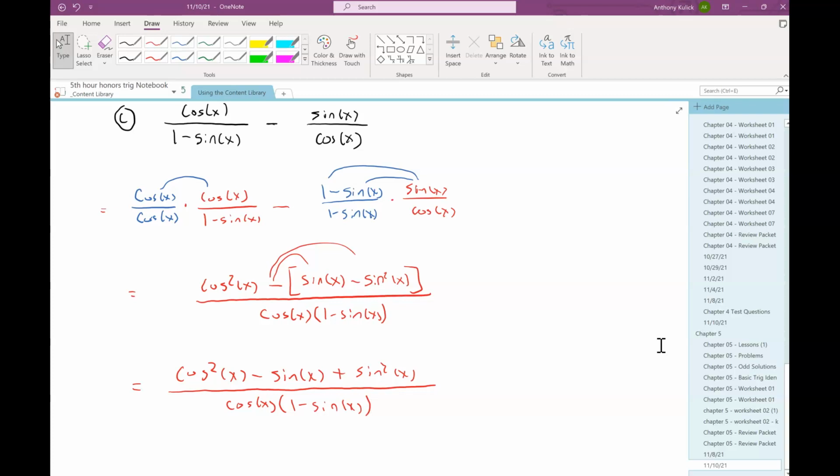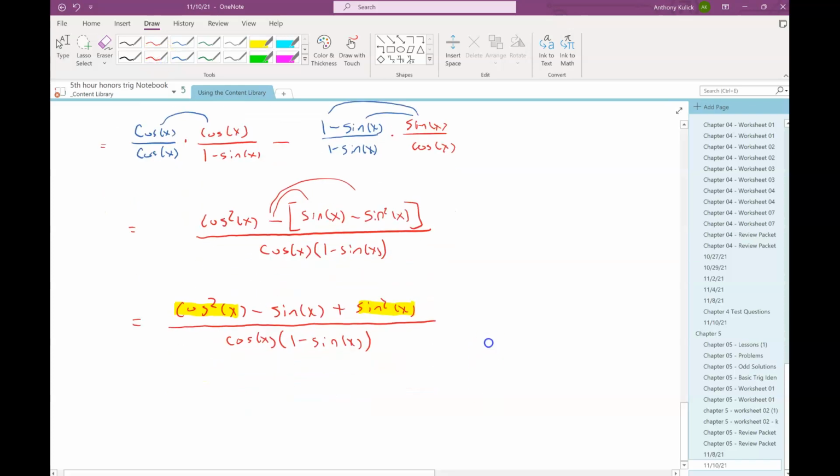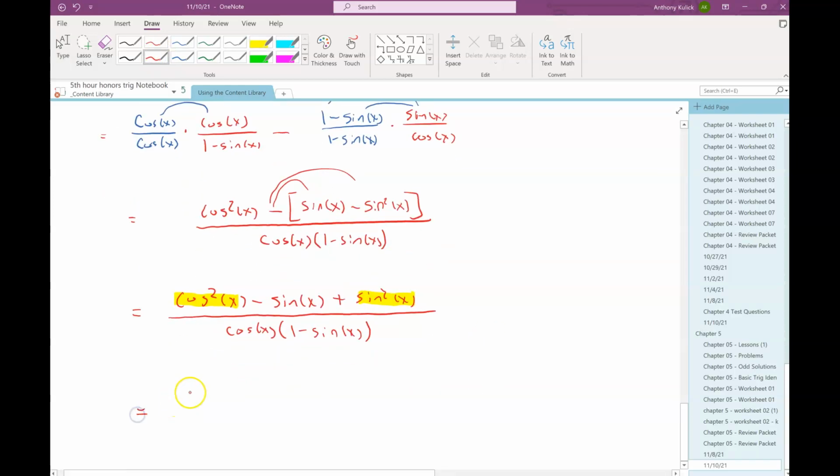Does anybody see anything that we could do in the numerator? Ella? Yeah, very good. So again, that's the first Pythagorean. Sine squared plus cosine squared is 1. So I can just take those and replace them with a 1.